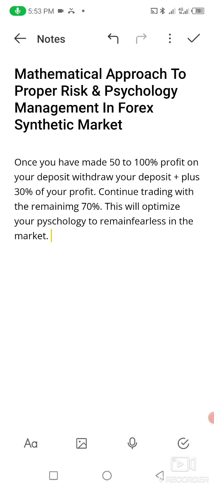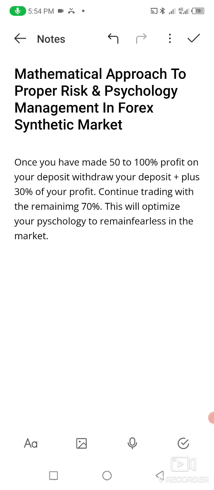Once you have made 50 to 100% profit on your deposit, withdraw your deposit plus 30% of your profit. If you really know what you are doing, the same strategy, the same skill that helped you make a profit of 50 to 100%, you can still use it to grow the remaining 70% of your profit.